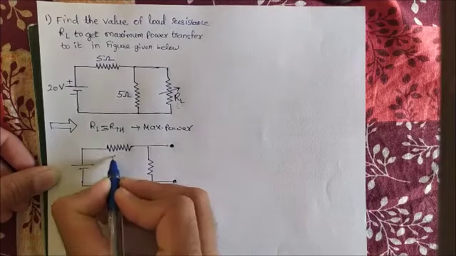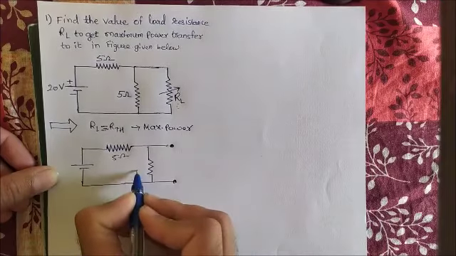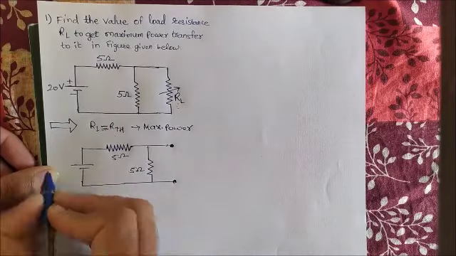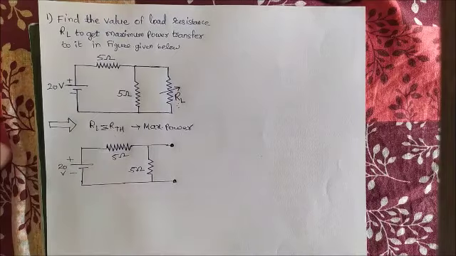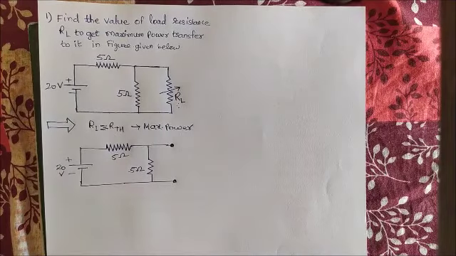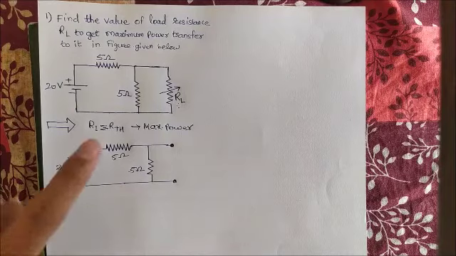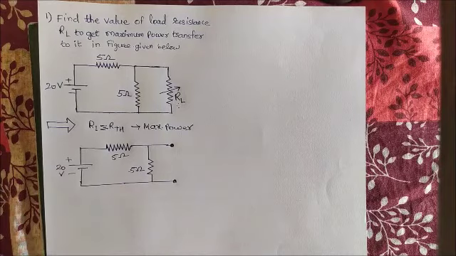Okay, the load resistance RL has been open circuited and we have to find the Thevenin's resistance. So how to calculate that? Now don't calculate the open circuit voltage here. There is no need to calculate the open circuit voltage here. Just we have to find the value of RL from RTH.